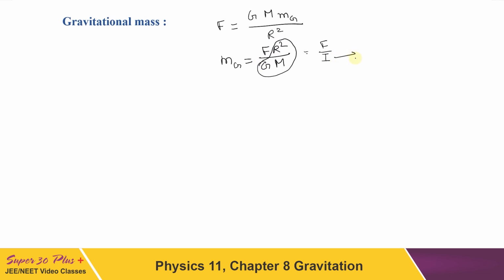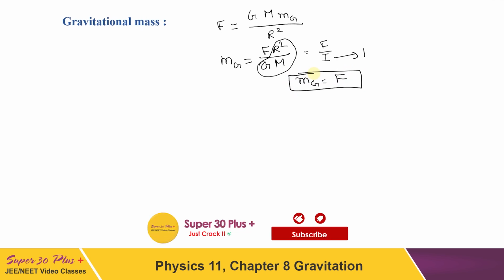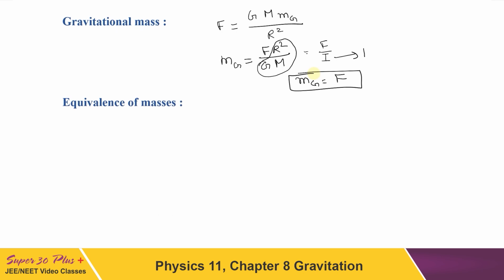If we substitute this constant to be 1, then mg equals the gravitational pull. So numerically, this mass will be equal to the force experienced by the body when the gravitational field is of unit intensity. Later I am going to explain how G M / r² can be written as gravitational field intensity.